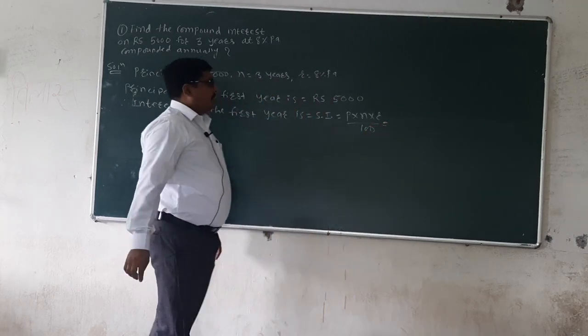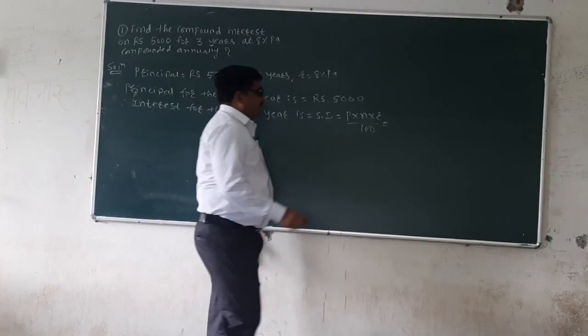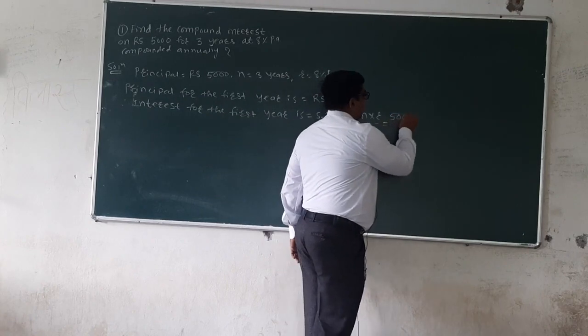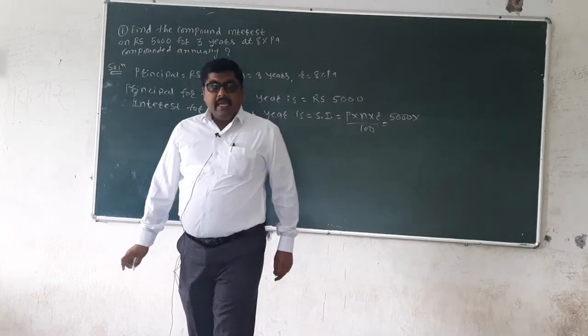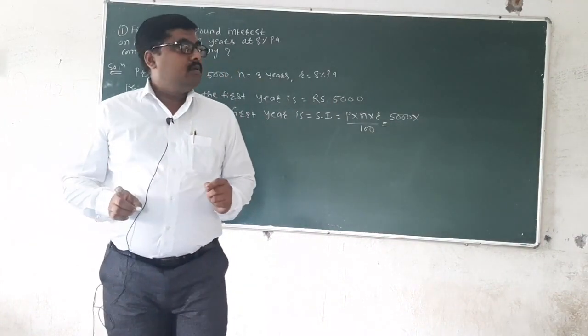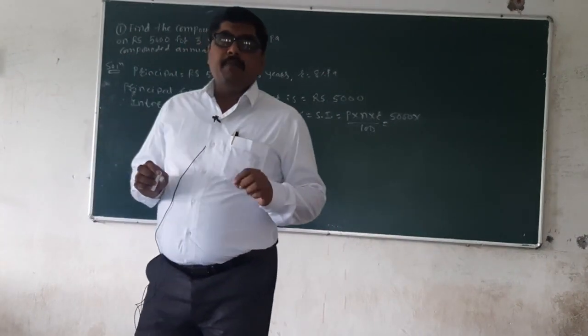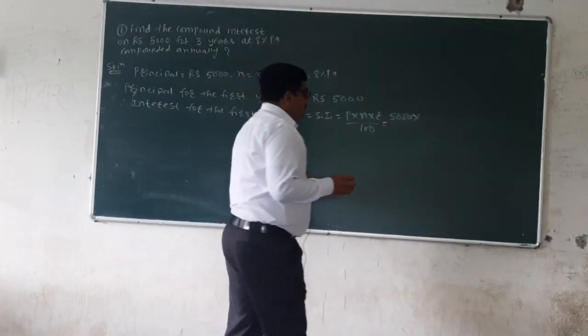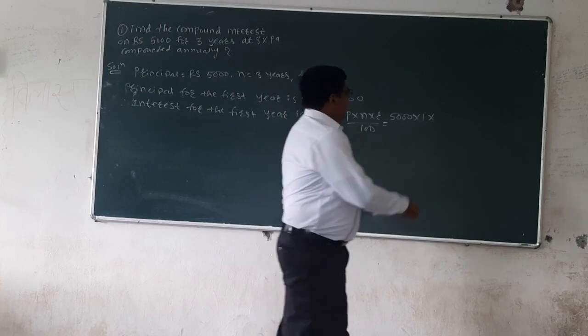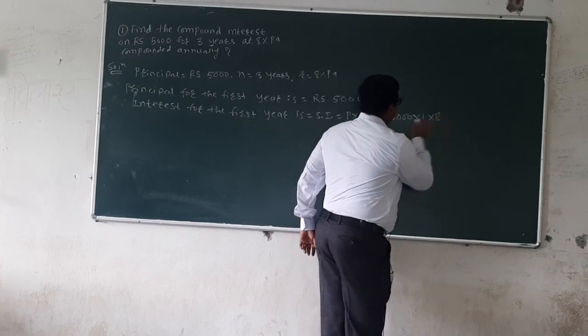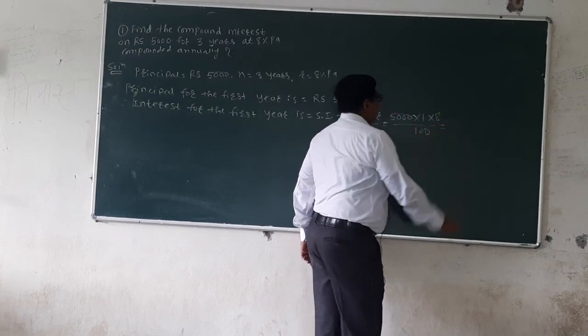P is given 5,000, into N. N is 3 years, but we are calculating simple interest for the first year, so N is 1, into R is 8, divided by 100.